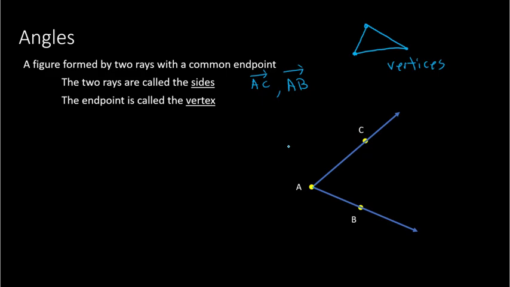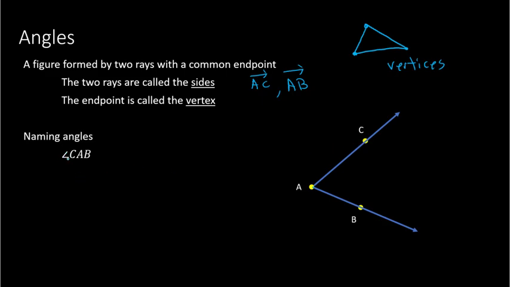Now, when you're naming angles, we want to always have this endpoint in the middle of our naming. So we have to use the 3 points, or any 3 points on the angle. So we have here angle CAB is one way to write this.